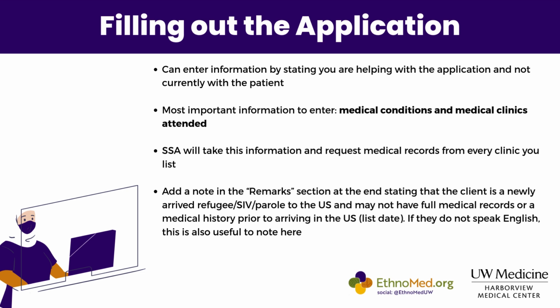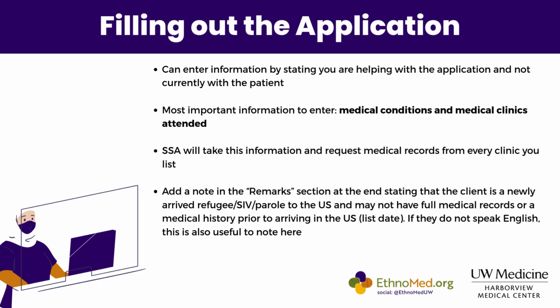You can also list things at this point like that they don't speak English, and so you're helping them with this process. And if there's anything that you've estimated or had to use your best guess with your client's help throughout the application, you can list that here too.